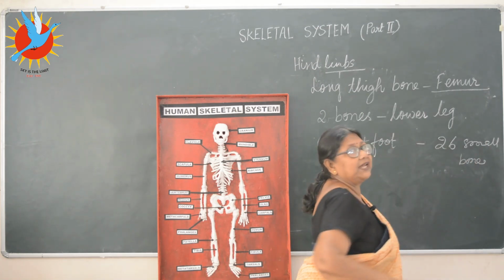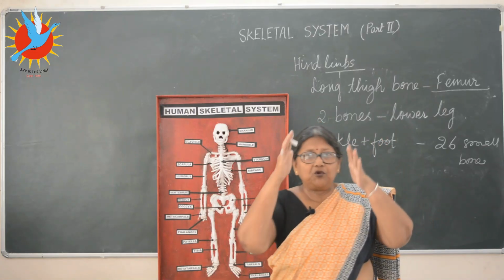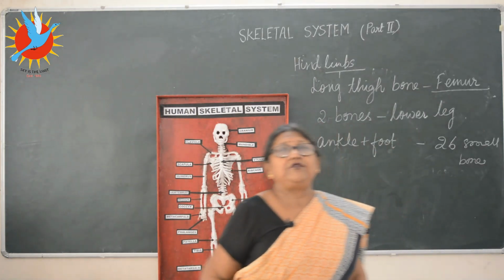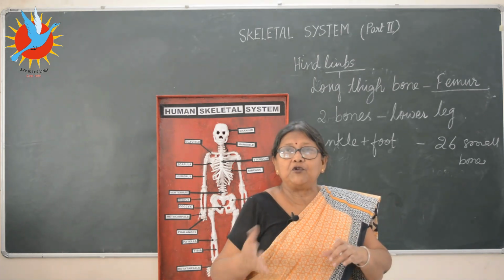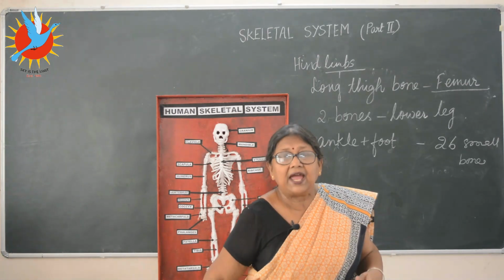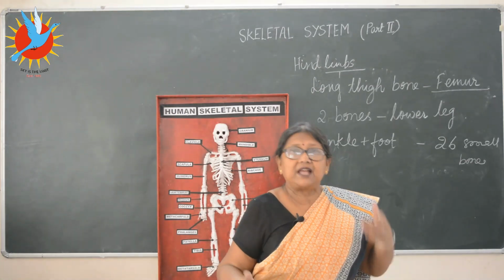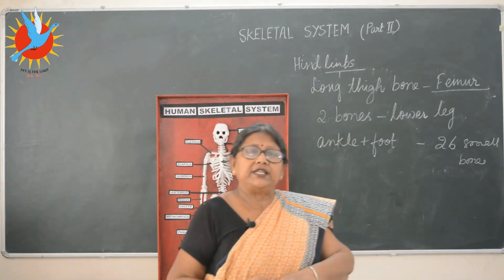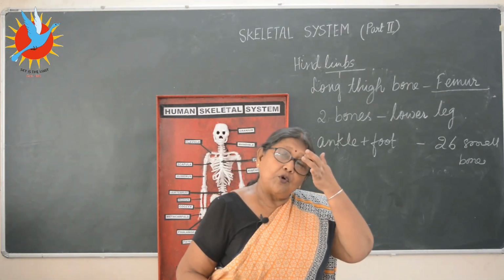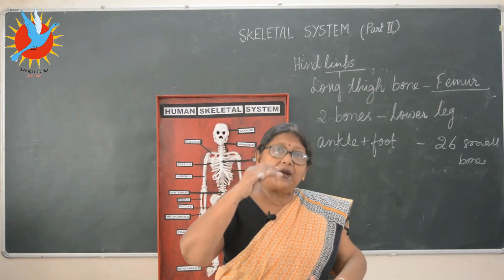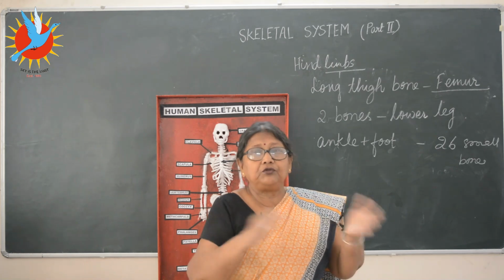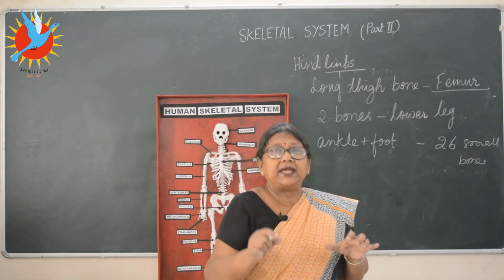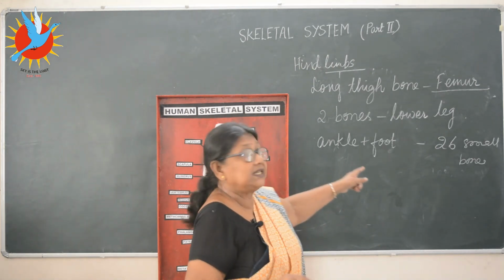So again, for the hind limbs, the femur bone, the long thigh bone, and the two bones which are called the shin bone and the calf bone. Shin bone is the front one and calf is at the back. Calf muscles, calf bone, you must have heard about these words. So the calf bone and the shin bone are the two bones that make the lower part of your leg, and the ankle and the foot are made out of 26 bones.